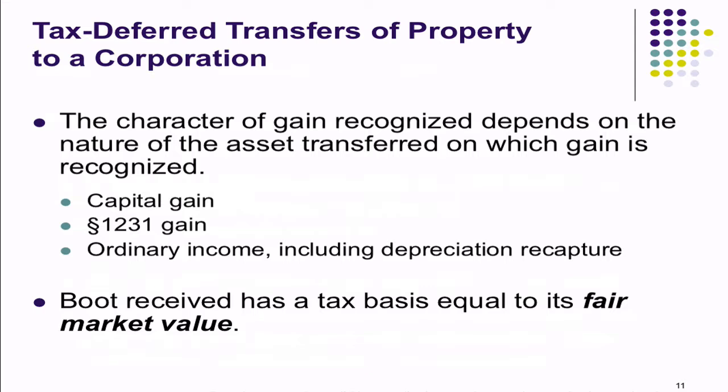It's just not taxable at that time. And as I note here, boot has a tax basis equal to its fair market value, as I described in my example on the land. But generally, the character of any gain that's recognized is going to carry with it the character that it had when it started out. It doesn't change character.